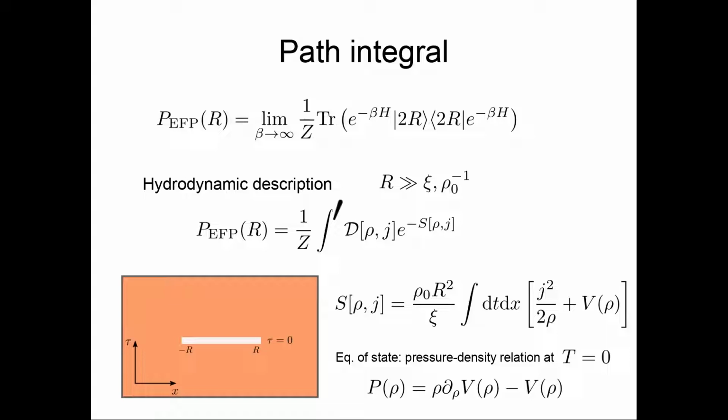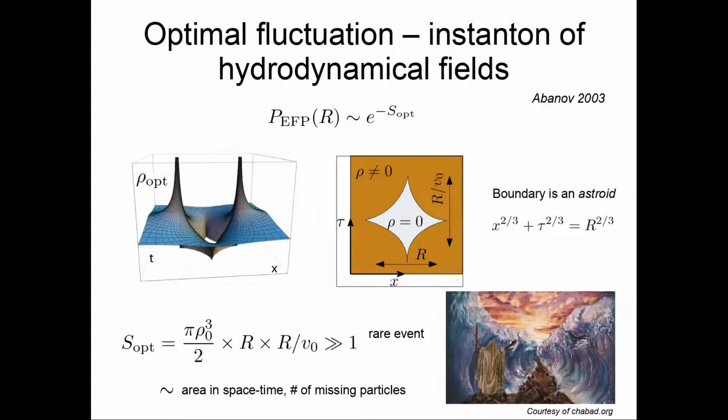And all I need to know is the relation between the pressure and the density, so the thermodynamical equation of state. So for free fermions, this problem was considered. In this case, the internal energy follows a cubic power law, and the solution was found by Abanov in 2003.